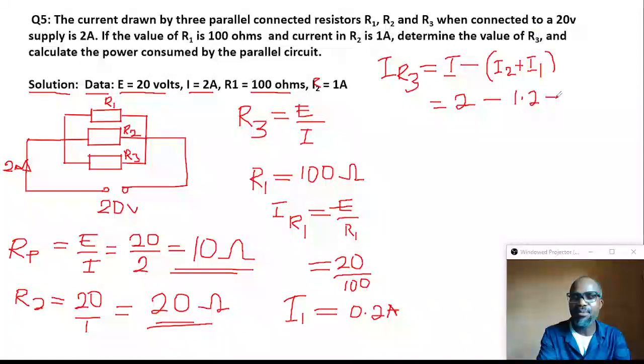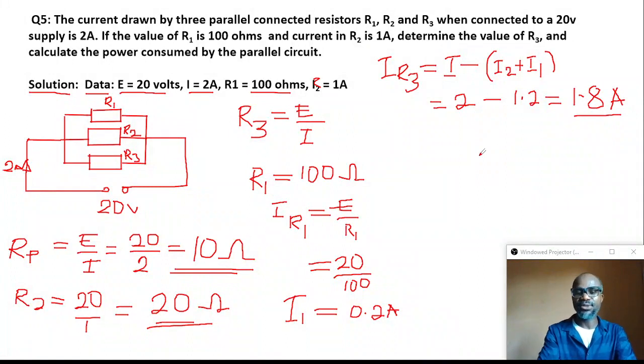By the time 1.2 amps is subtracted from 2, we have 1.8 amps. So this is the amount of current flowing in resistor 3.